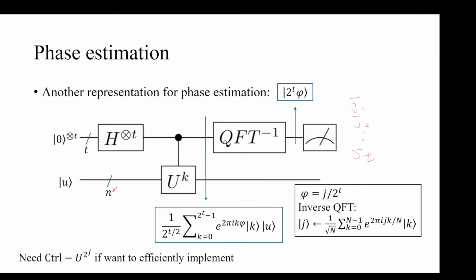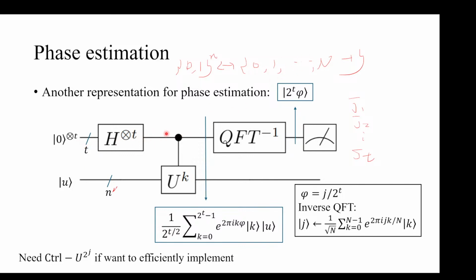Here we do the mapping between bit strings in 0,1 to the n and numbers from 0 to big N minus 1. So I identify the bit string here with a number, so this small k here is some number between 0 and N minus 1.